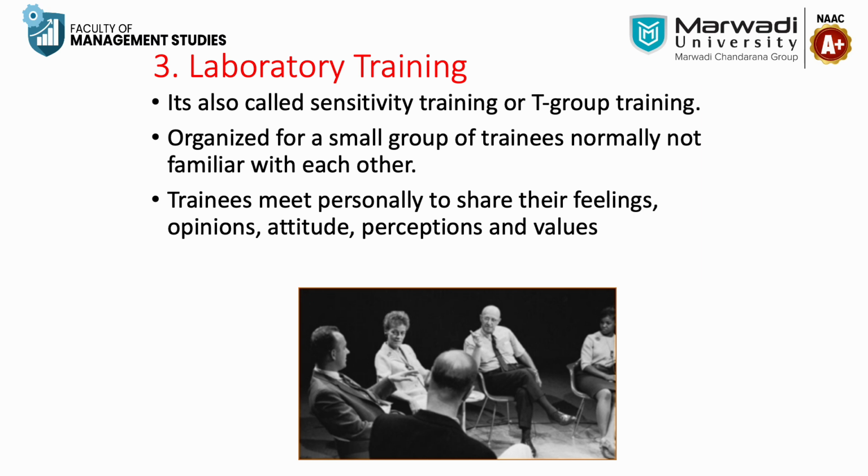Next one is laboratory training. What happens in laboratory training? This is actually a little older training program. This kind of training is also called sensitivity training or T-group training, because it is conducted by creating an experimental laboratory situation in which employees are brought together in groups to interact in an unstructured environment.